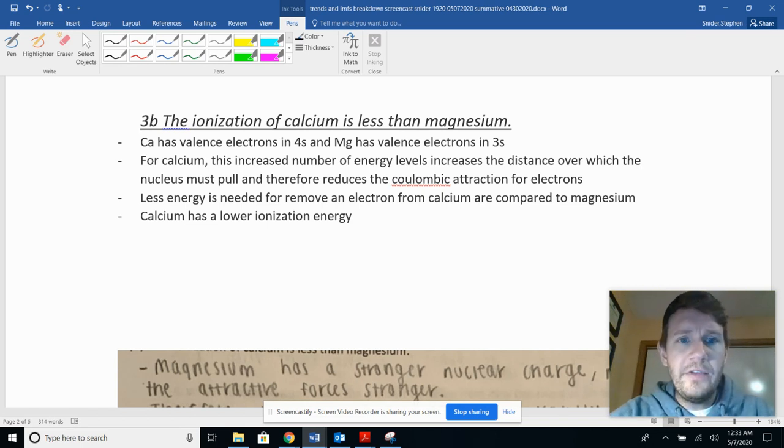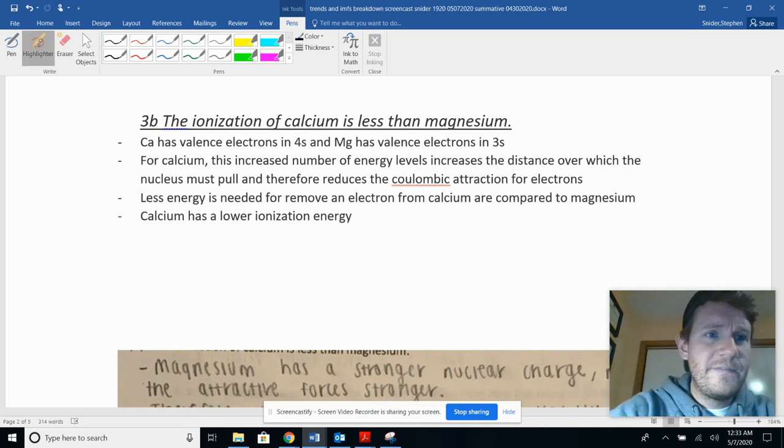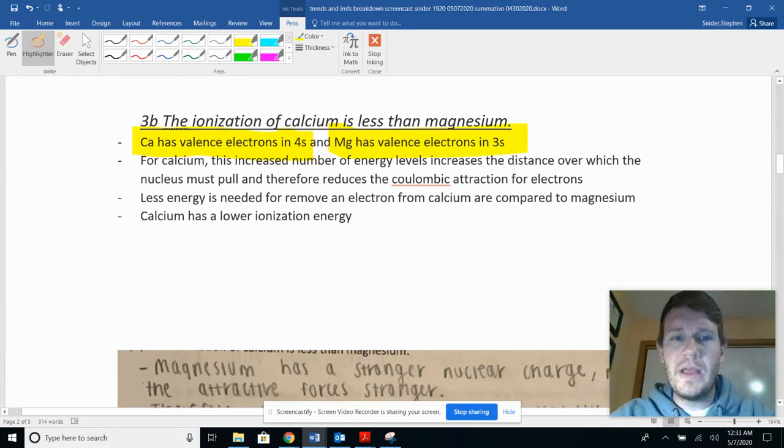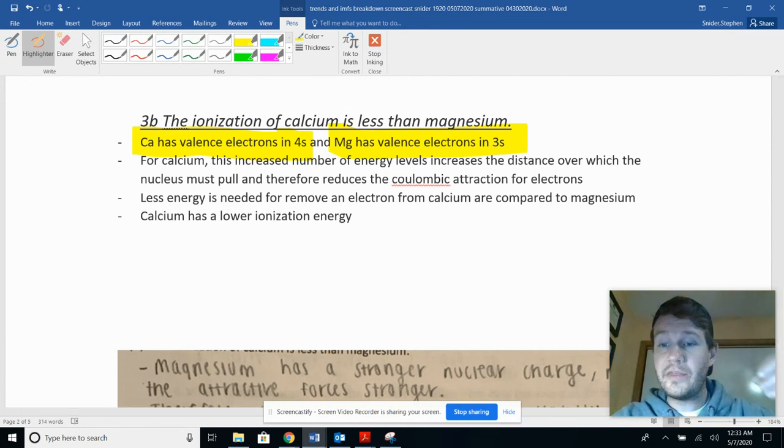Calcium has valence electrons in the 4s level. So calcium in the 4s, magnesium is over here in the 3s. So for calcium, its valence electrons are actually further away from the nucleus, right? They are in a higher principal energy level. Its N value is 4 as compared to an N value of 3 for magnesium.